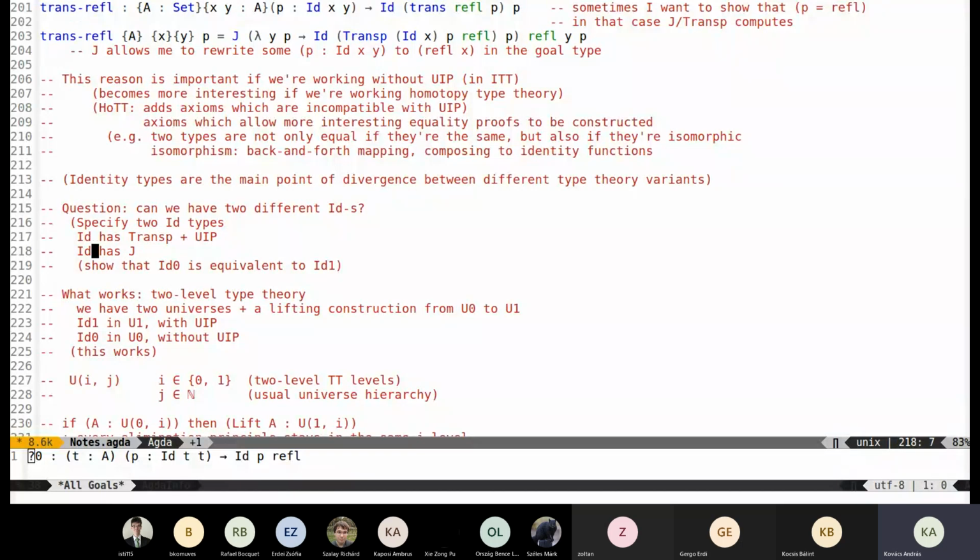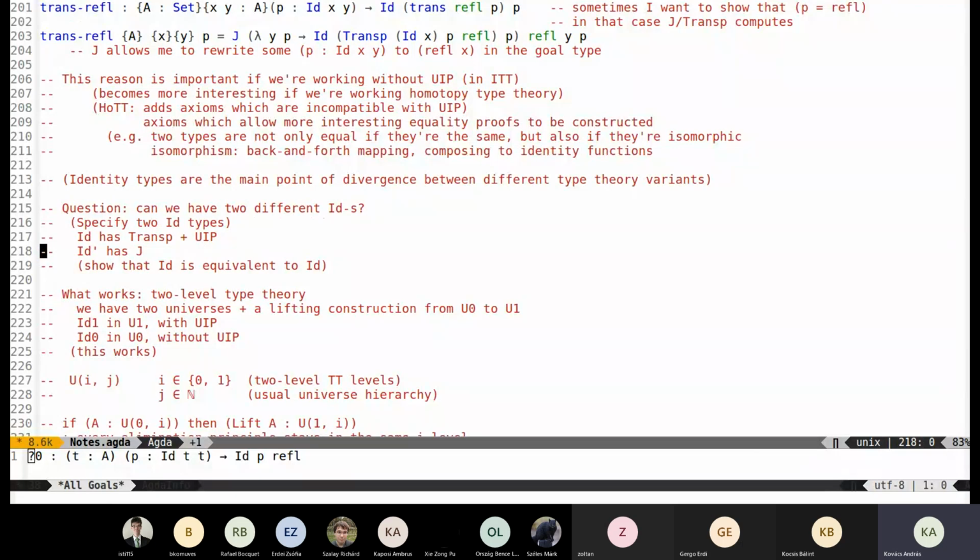Maybe one is ID and the other one is ID prime, and we specify that one ID has transport and UIP, and the other only has J. So like for every other type former, we are just saying that there is a type and there are some eliminators.